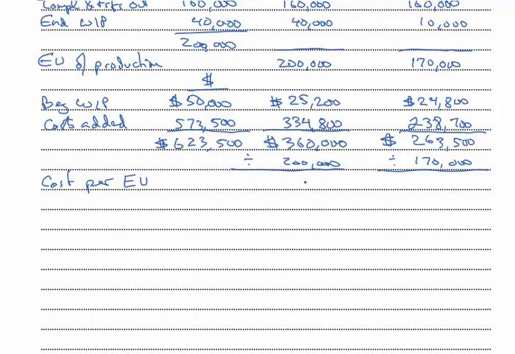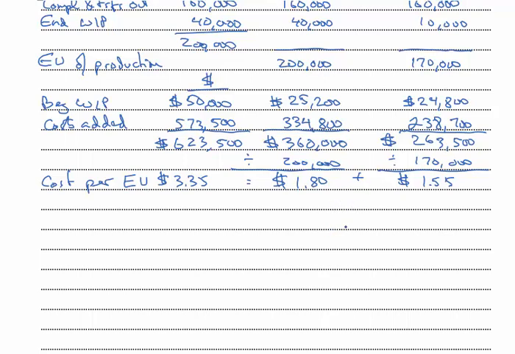Cost per equivalent unit, $1.80 and $1.55. So add those two guys together and you get $3.35.